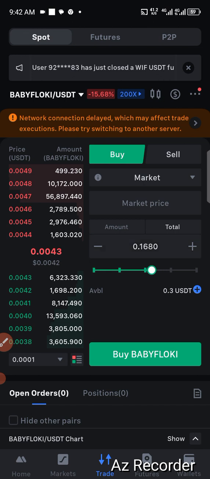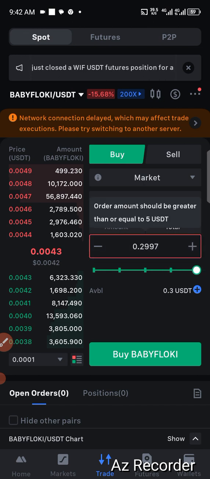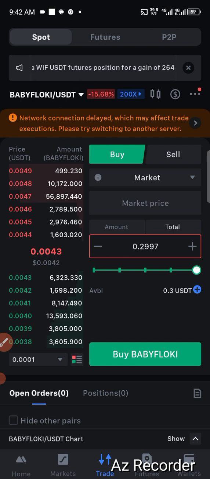So if you increase it to 100, it means that they should use all you have in your USDT to buy Baby Floki. Let's assume that you have $10 in your USDT. If you increase it to 100, it means that you are telling the market that they should use all your $10 in your USDT to buy the Baby Floki.